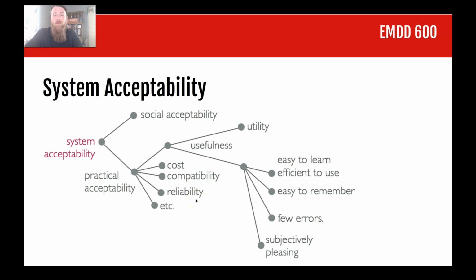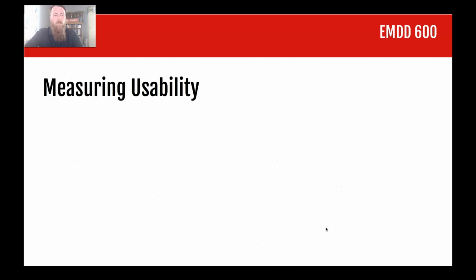Does it not provide support in ways that it should? So I kind of see this from left to right if you're looking at this graph. Here's where we have usability and the user interface. And as we move to the right, we have those dimensions of user experience and how users interact or are not able to interact with a particular system.